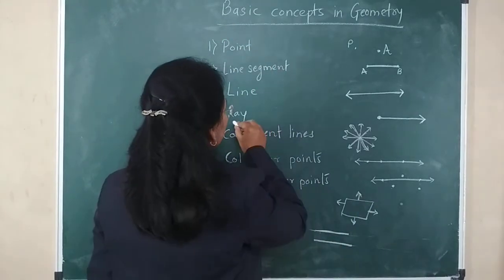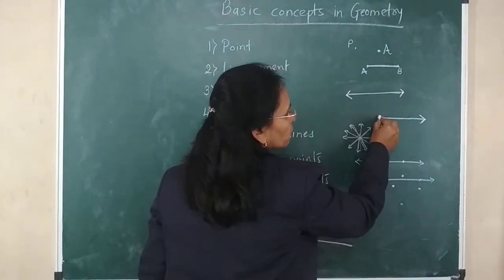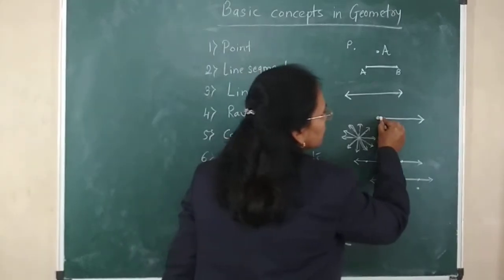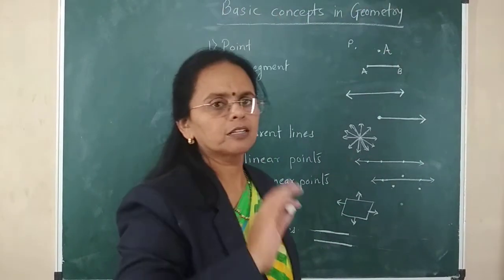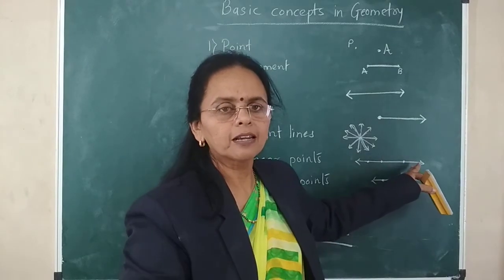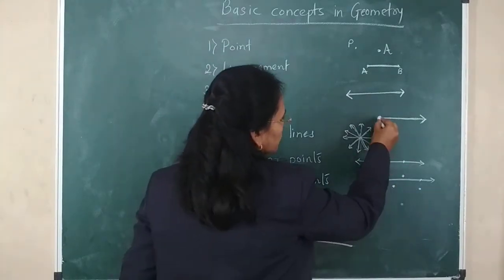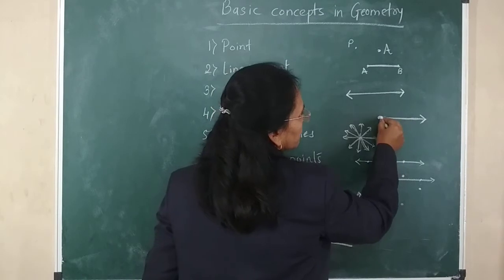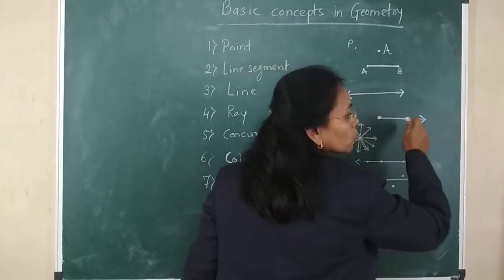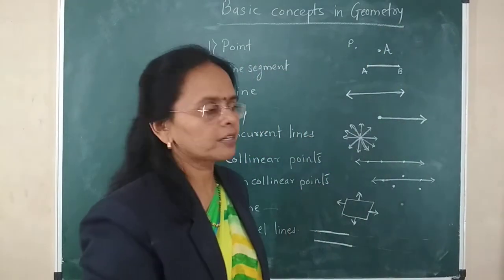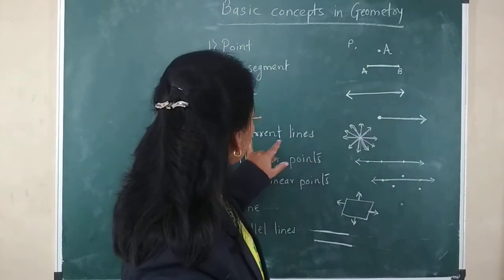That's why any line that starts from one point and goes in one direction to any extent is called a ray. The ray starts from any point and it can extend in any direction to any extent. That is called a ray.